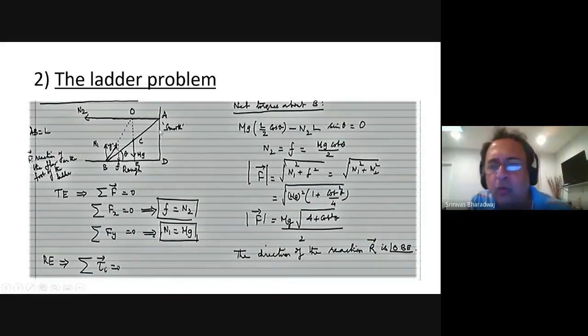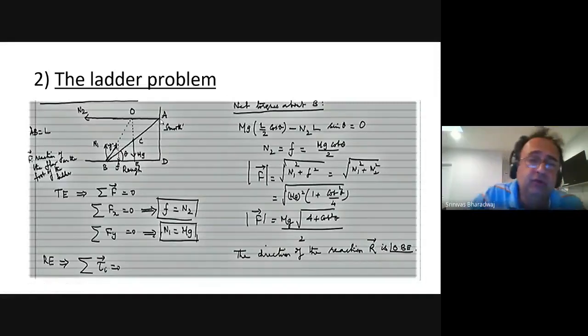Okay, now what is very tricky in these problems is that if there was an F1 and an F2, remember that F1 and F2 are both unknowns. Okay, so it is very tricky because of that.